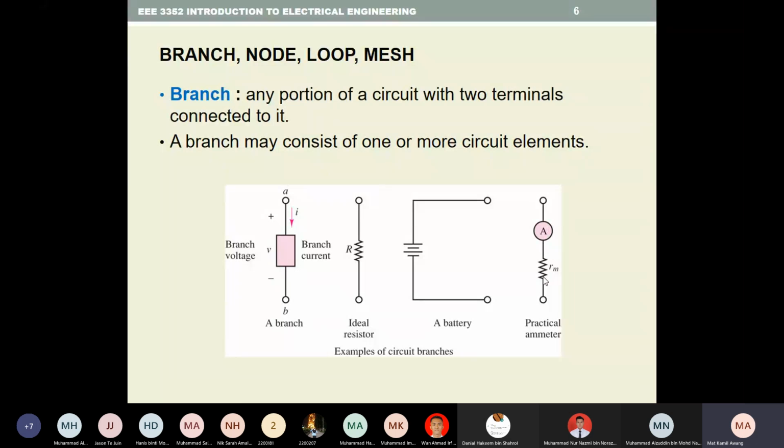So you have two elements here in the branch. You can also have 3 or 4 elements in a branch. If you see something like this, this is a branch. Basically you have a branch and you have two terminals, positive and negative terminals. That's a branch.